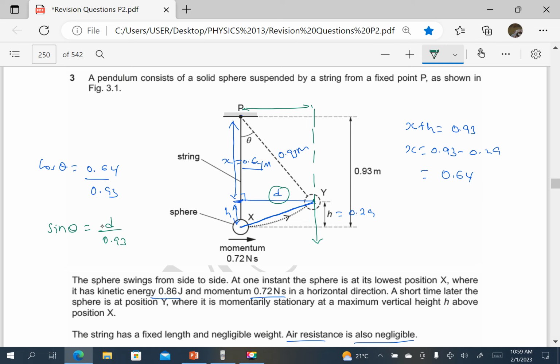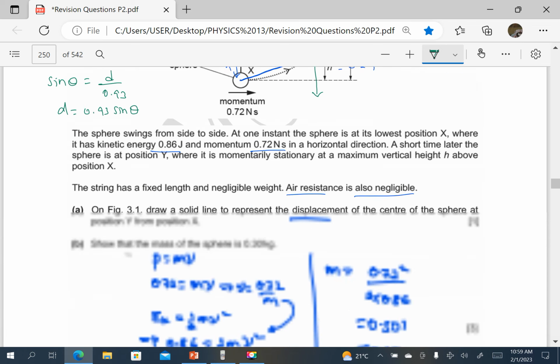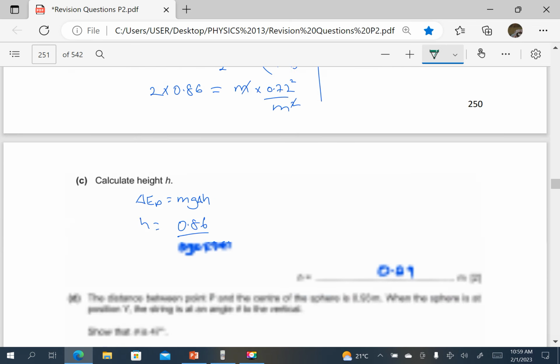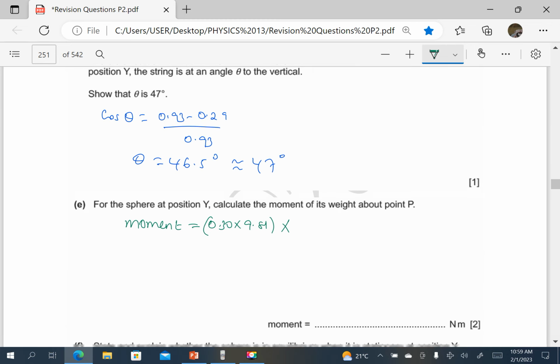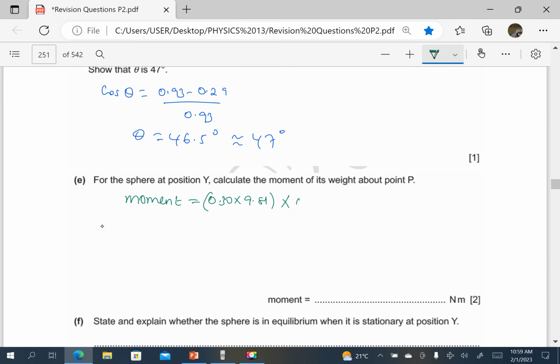That means D is 0.93 sine theta. Theta is already 47, so I'll just replace theta with 47.